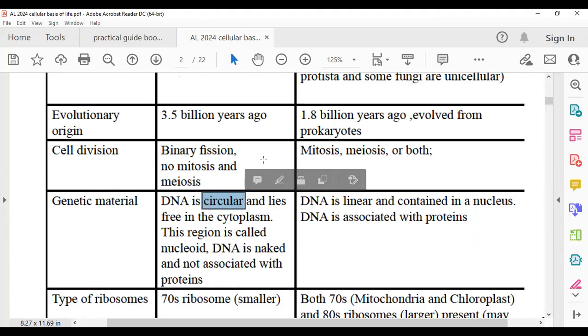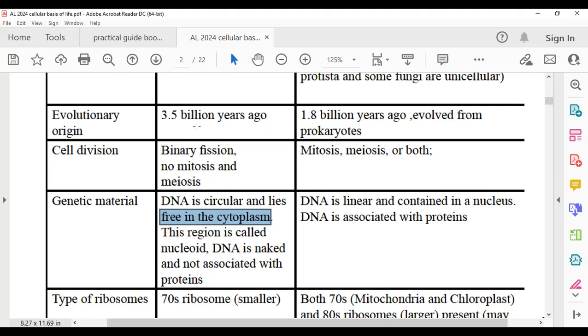What is the word? Circular. Last class, I showed you a circular DNA, right? This circular DNA is located in which place? Cytoplasm.